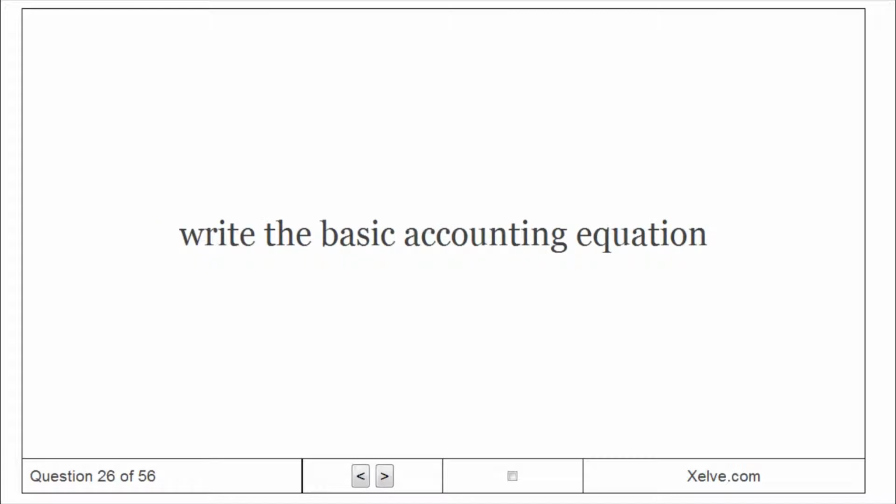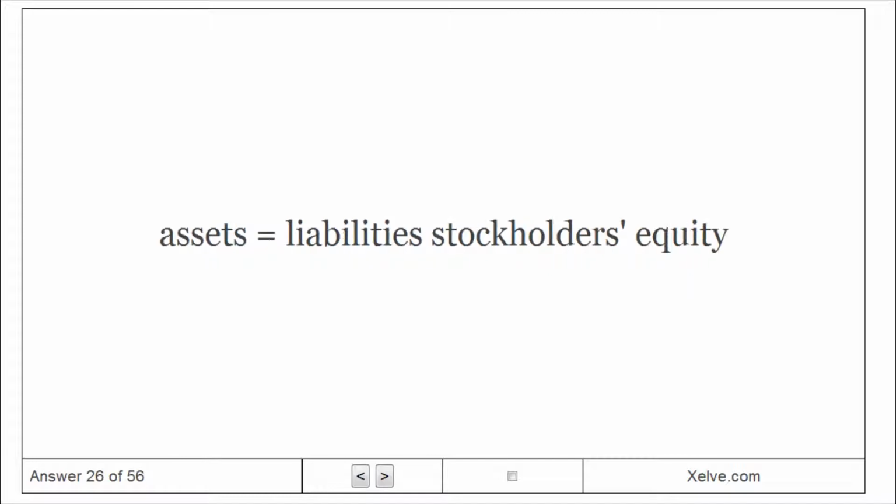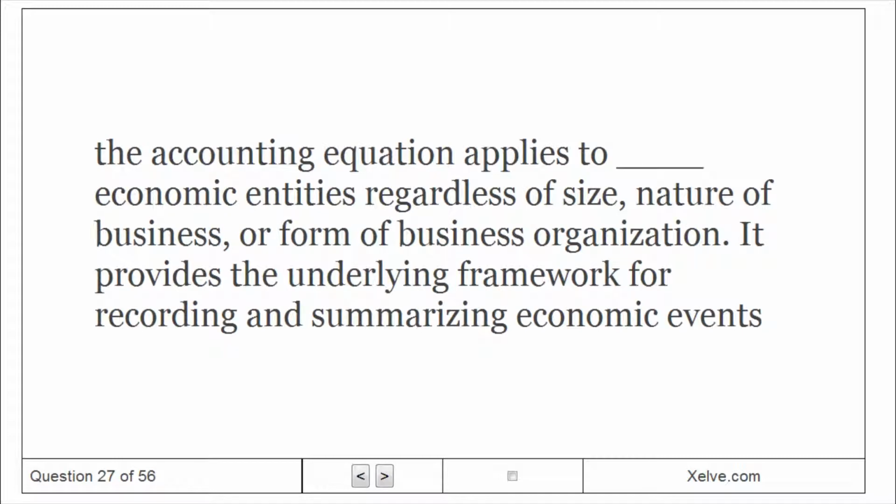Write the basic accounting equation. Assets equals liabilities plus stockholders' equity. The accounting equation applies to all economic entities regardless of size, nature of business, or form of business organization.